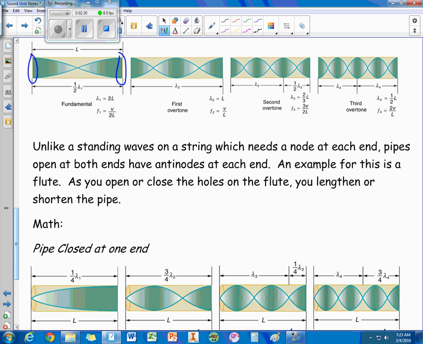It's just that the math is identical as it is with a string. And there's a lot of similarities between the pipe open at both ends and the string. The only real difference is that a string has to have nodes on either end, where a pipe has to have antinodes at each end.